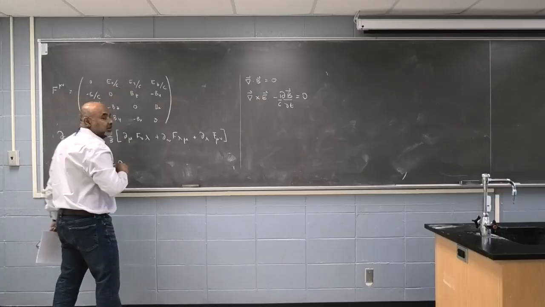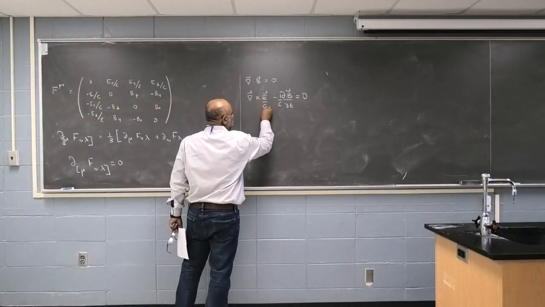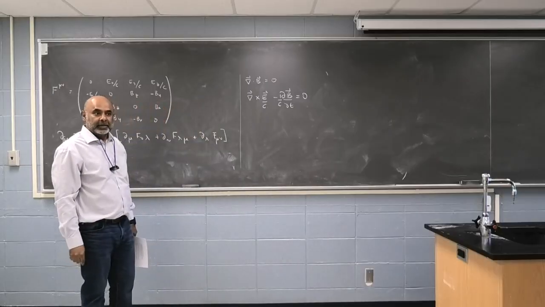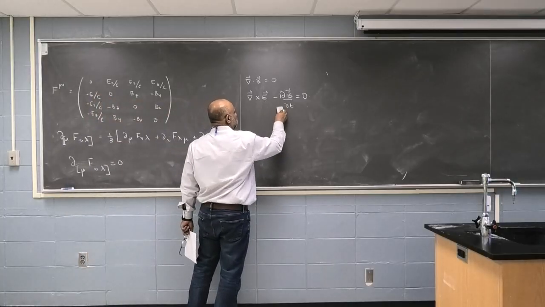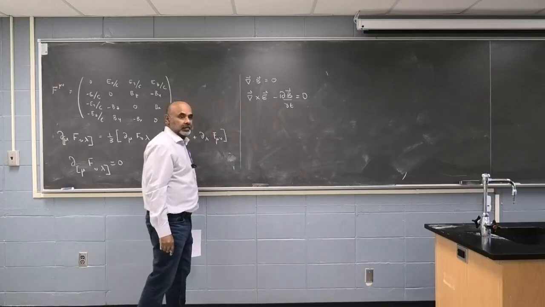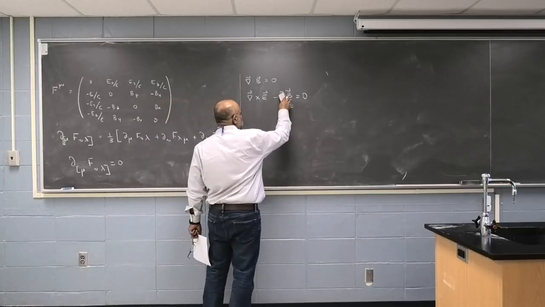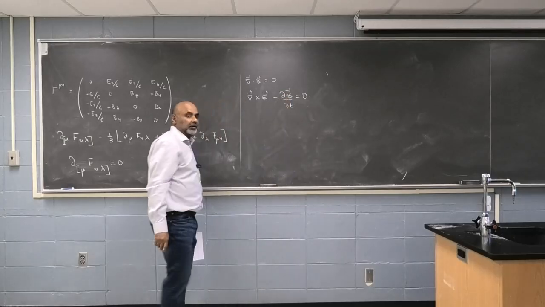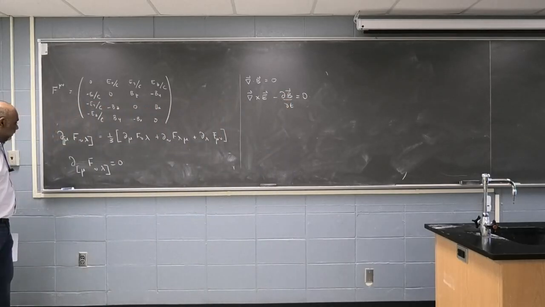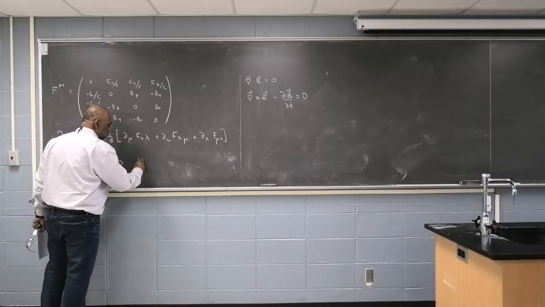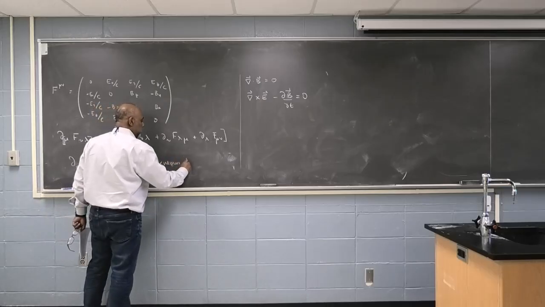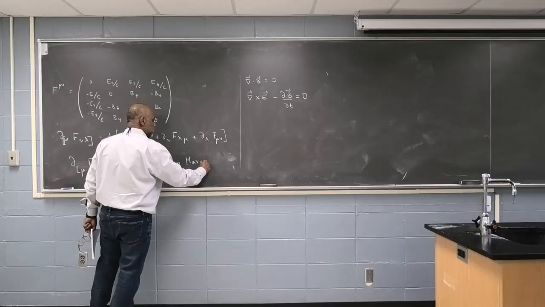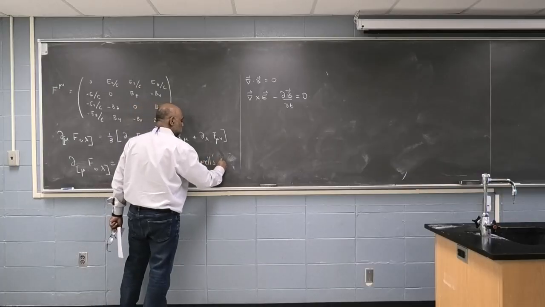Now with this entered C, I would get E over C, and so very nicely, the C's would cancel. Okay? So you can indeed verify that this is the homogeneous Maxwell's equation.